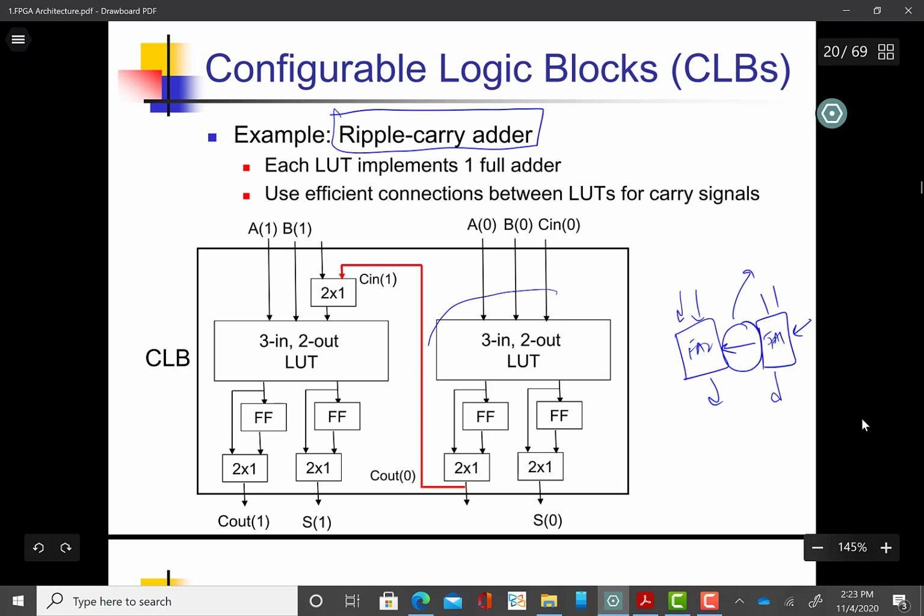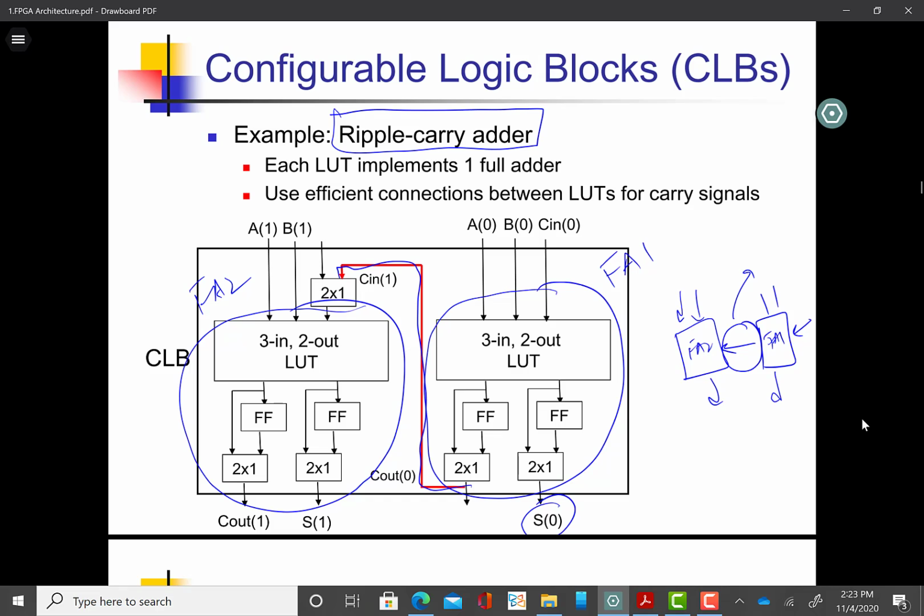In this case the full adder 1 is mapped here, and this is our full adder 2, and every full adder has a sum output and a carry output, and you see the carry output is directly mapped to this red line.